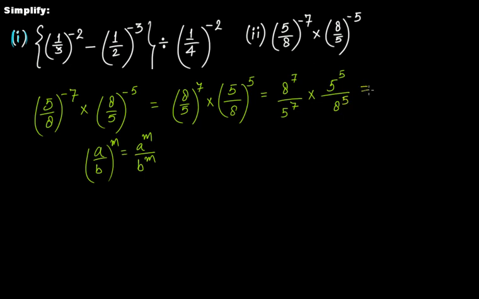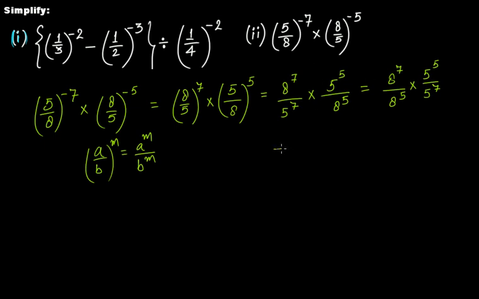Right? Now we can rearrange it and write it as 8 raised to the power of 7 divided by 8 raised to the power of 5, multiplied by 5 raised to the power of 5 divided by 5 raised to the power of 7. Any problem? We have just interchanged it, and the final result will be exactly the same.